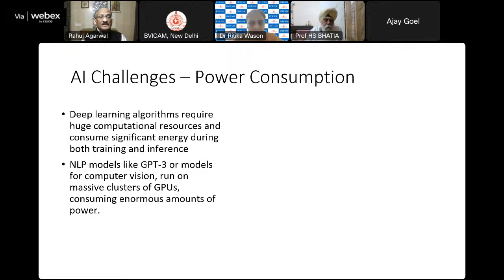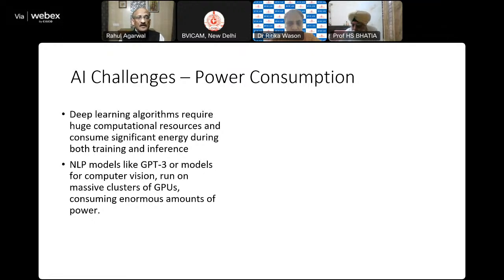So NLP models like GPT-3 or models for computer vision run on massive clusters of GPUs consuming enormous amounts of power. But if you look at our brain, it uses just about 20 watts of power.